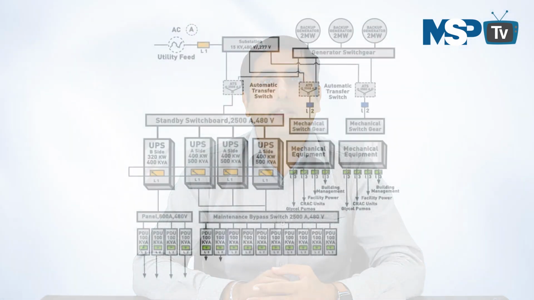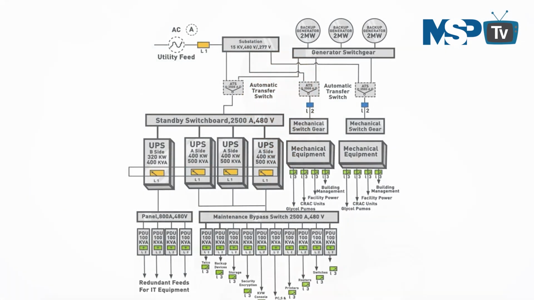Now the main question: what is the power distribution system? For a simple explanation, the power distribution system is the set of circuits and devices that distribute electrical power to the entire data center equipment. The systems are designed to provide the required power to all subsystems in the data center.